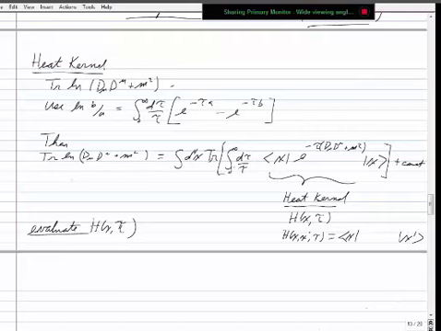I'm going to use the following. Log b over a is going to be the integral 0 to infinity d tau over tau, e to the minus tau a minus e to the minus tau b.